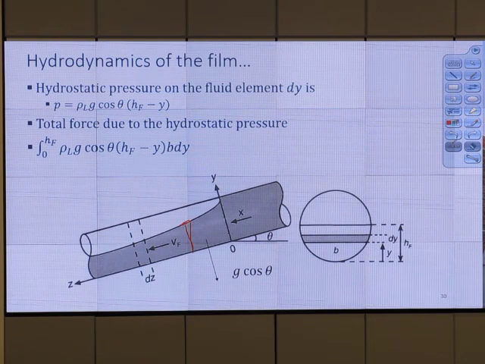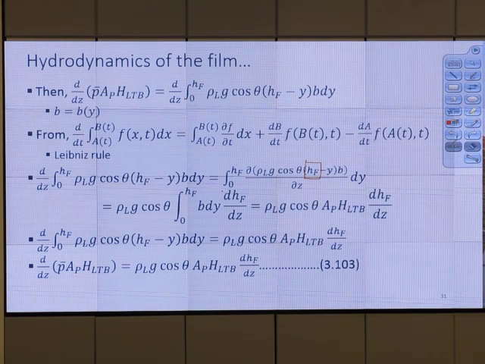Slope is moving downward when we move with z, so it's negative. So dhf by dz is the slope of the film shape, right? It's not a function of y when we do the integration over y, because the film height is not within y to begin with. So we can take it outside the integration. So we take this term out, right?